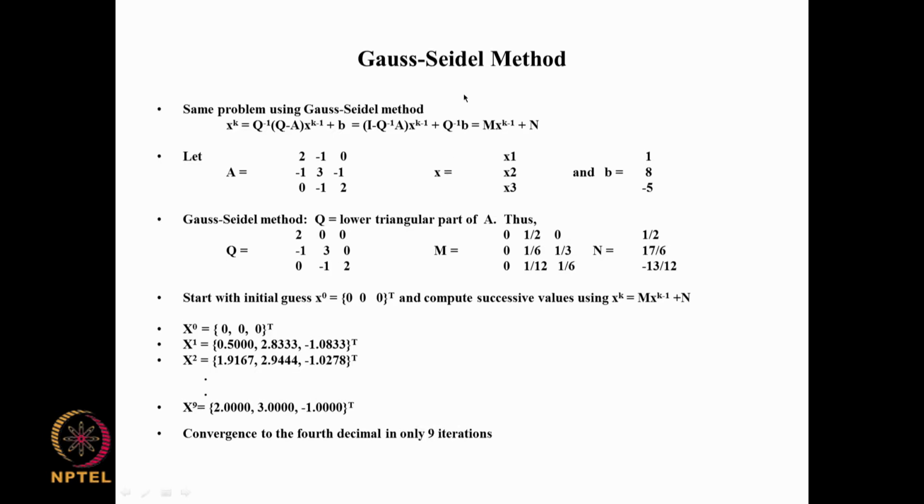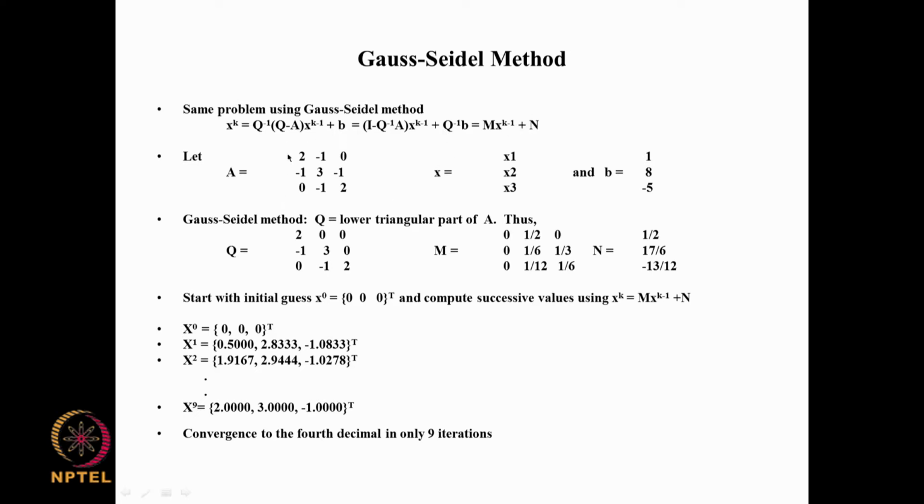The Gauss-Seidel method, which we have seen earlier as a formula, is also written in the same way, xk equal to Q inverse of (Q minus A) times xk-1 plus b. So, it is exactly the same generic formula, but the choice of Q is different.